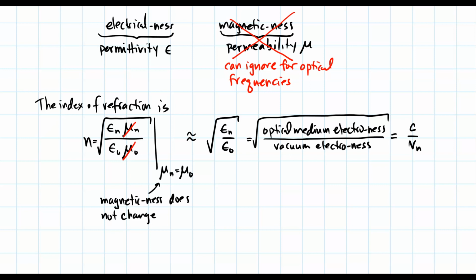So it's the optical medium's electrical property over the vacuum's, and this is what's equal to the speed of light divided by the apparent speed of light in the medium. Now I want to interpret what this index of refraction means in this situation.